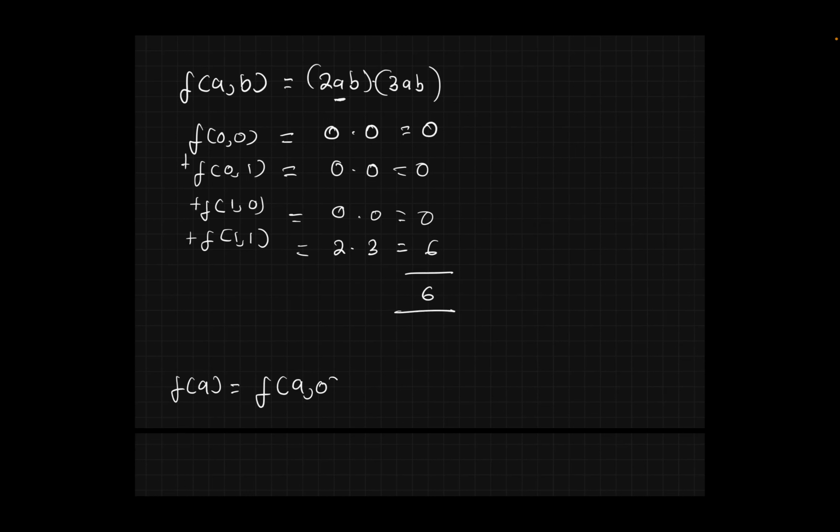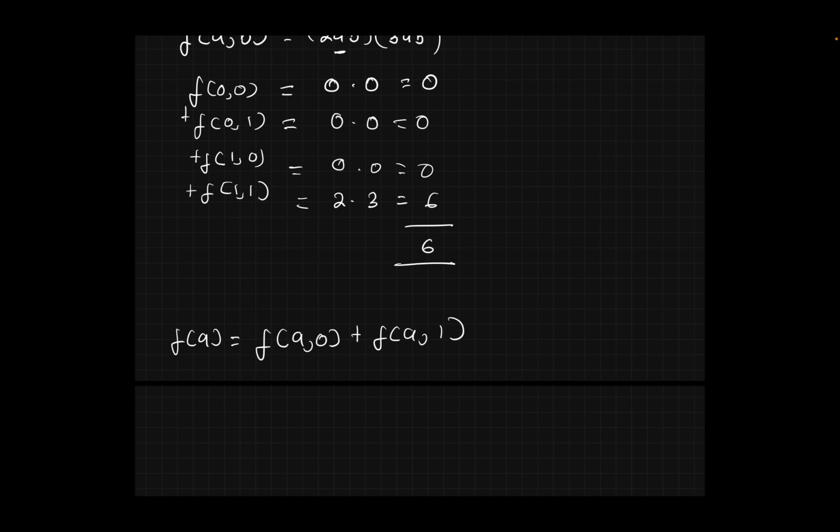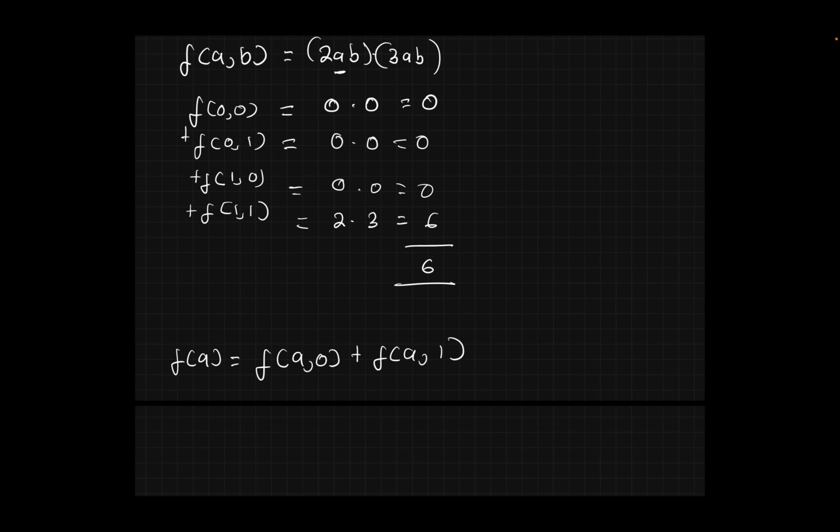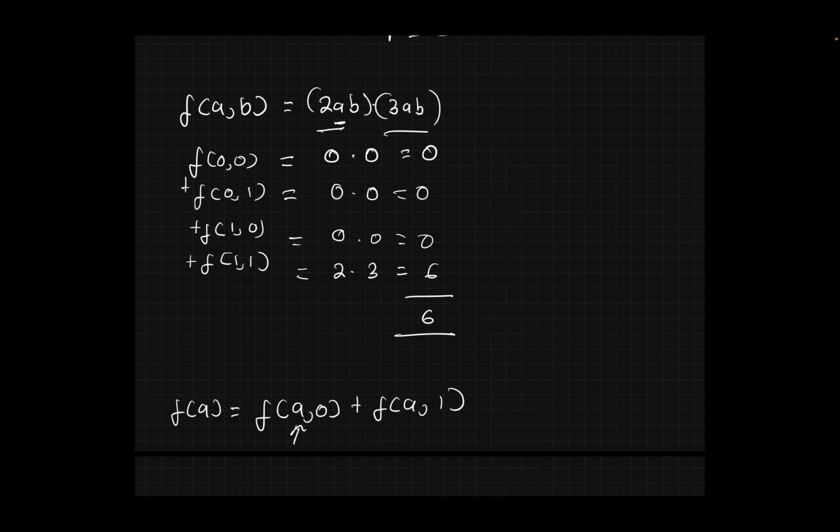A, comma 0 plus f of a, comma 1. This is what Sumcheck sees. But then this f polynomial, Sumcheck doesn't know that it's a product poly. It will now go internally and figure out how it will answer a, comma 0. So internally, what is it going to do? It's going to say evaluating a, comma 0 is the same thing as evaluating each of them at a, comma 0.